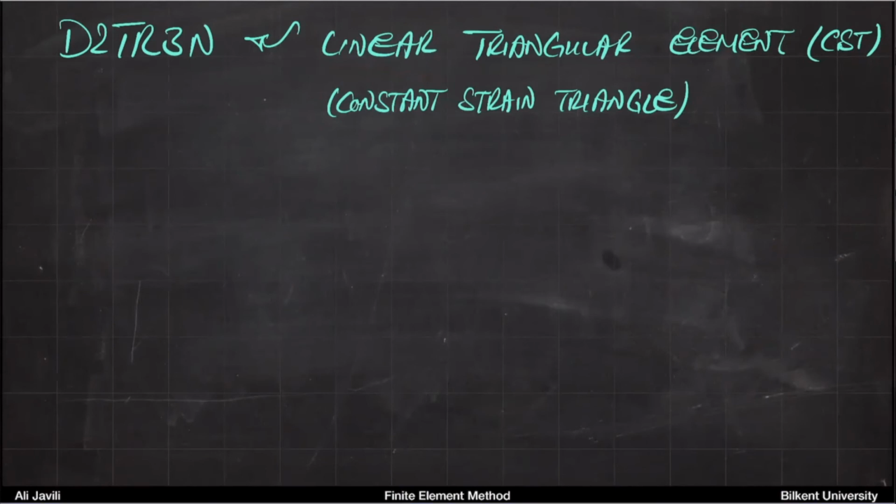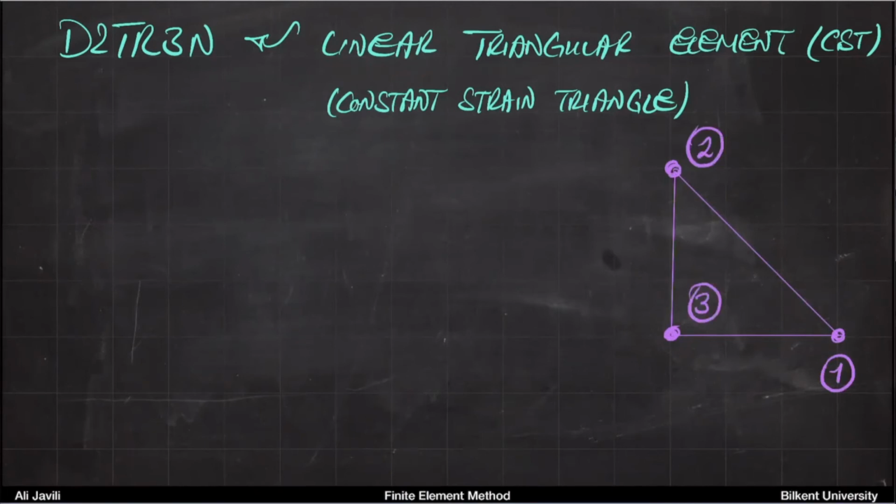So we draw our element again in our natural coordinate system, or this is the triangle in that natural coordinate system. Now, the nodes are here, so that's node 1, node 2, node 3.